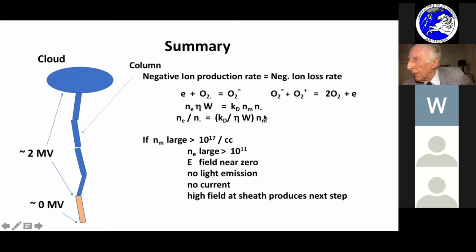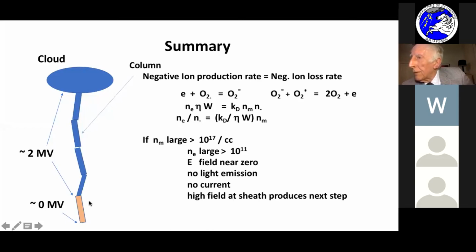Now if you divide through by N minus, Ne over N minus, the electron density compared with the ion density depends on a bunch of numbers here, which are just material constants, which are all known, times the metastable density. And you can see here, if the metastable density is very large, the electron density becomes very large compared with the negative ions. But it has to be of the order of 10^17, like 1% metastables, for this to be appreciable.